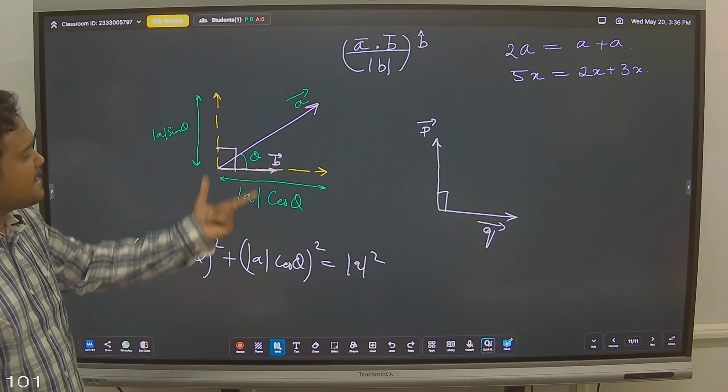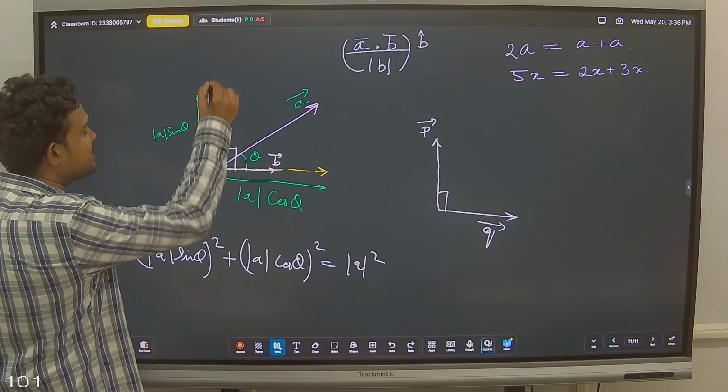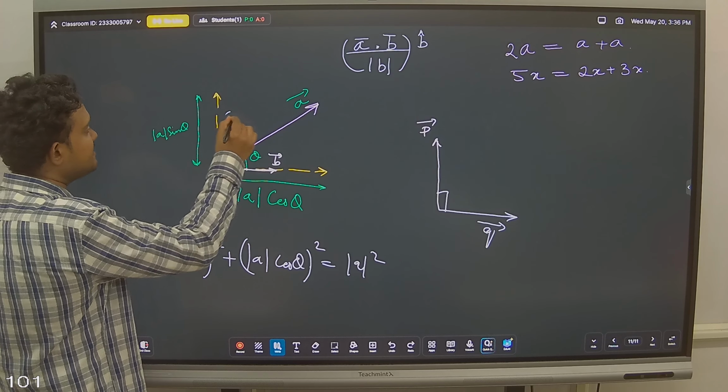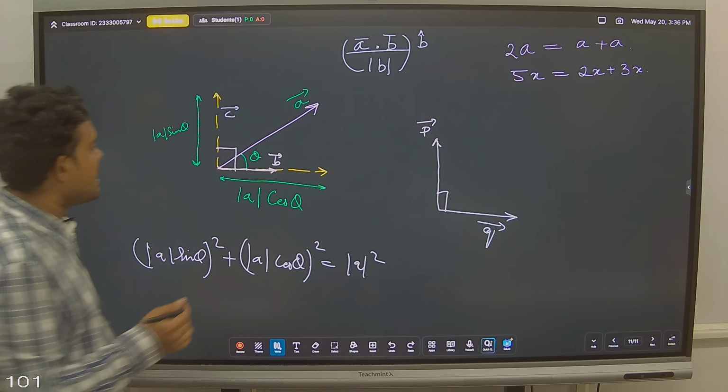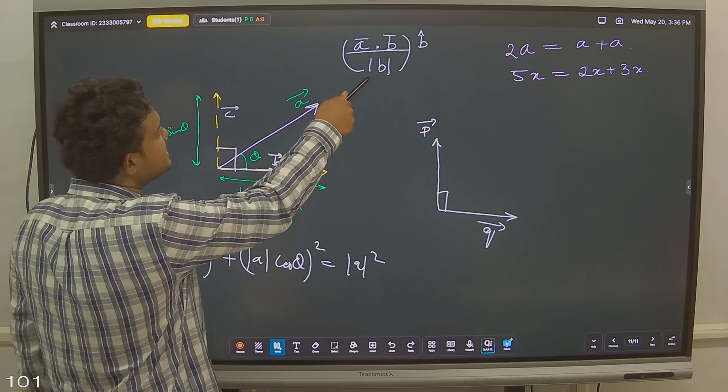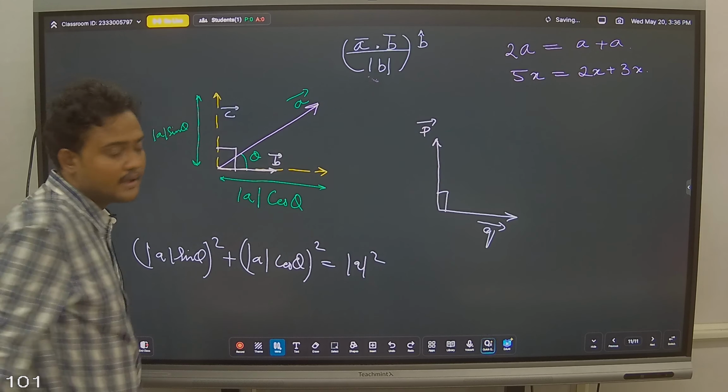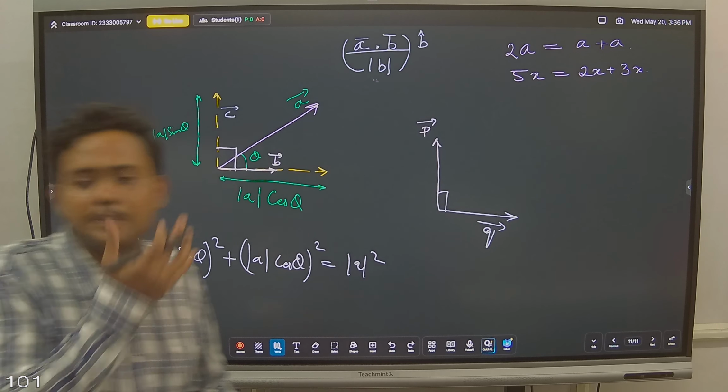So this vector, which is perpendicular to it, the perpendicular component, let it be C vector, right? What is C vector plus this term? A vector. So how do you find the perpendicular component?